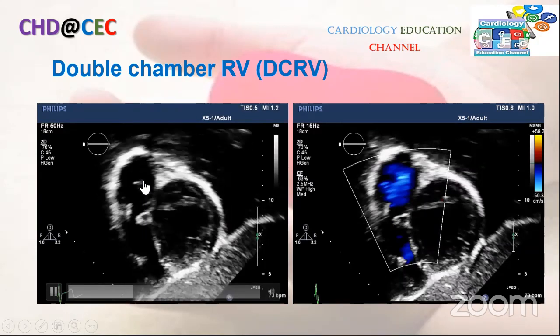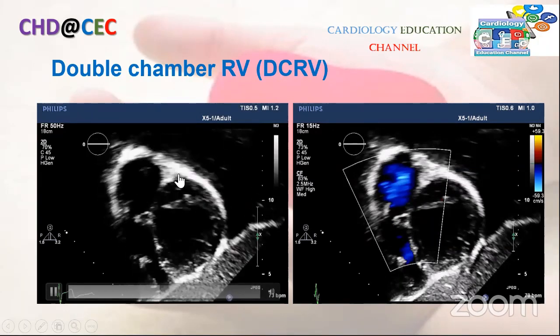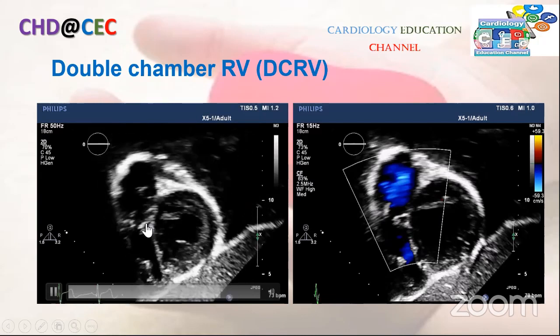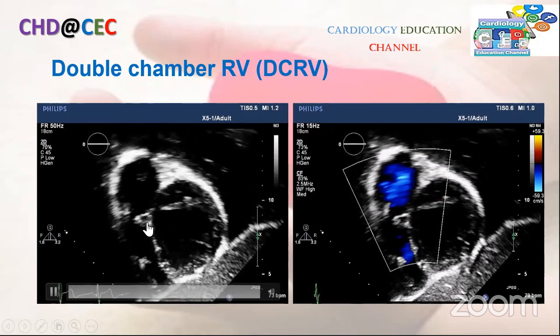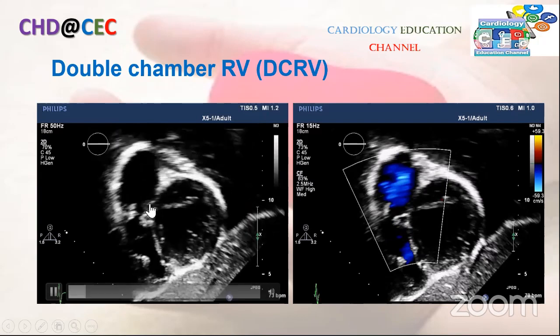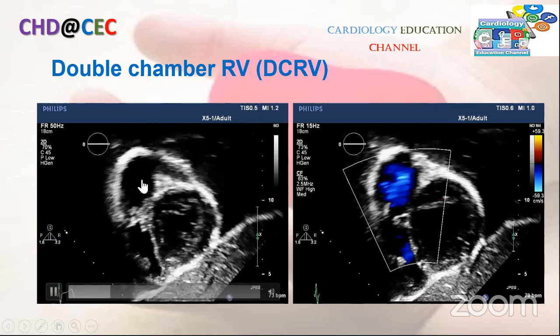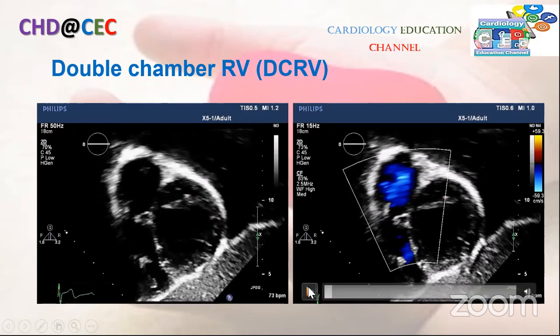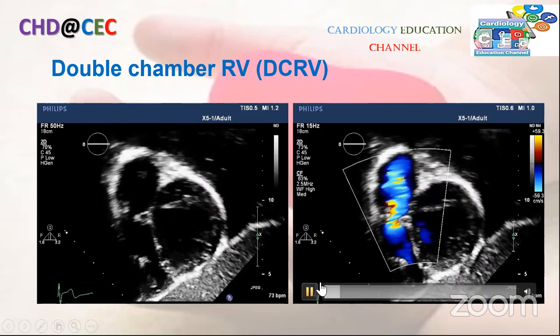This is the distal low pressure chamber. We can appreciate here the mobility of the pulmonary valve. So this is the anomalous muscle band. It's far away from the infundibulum and the pulmonary valve. And with color interrogation, we can see the aliasing across the obstruction.